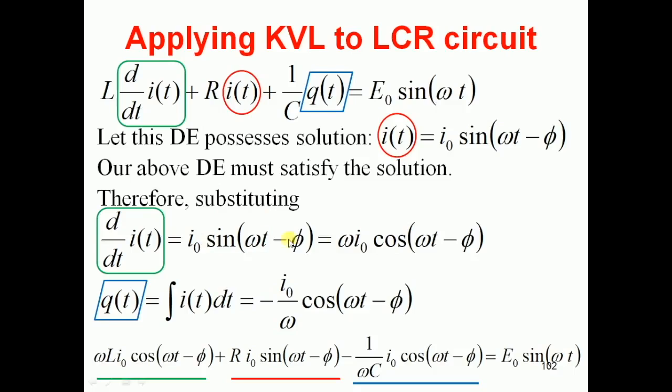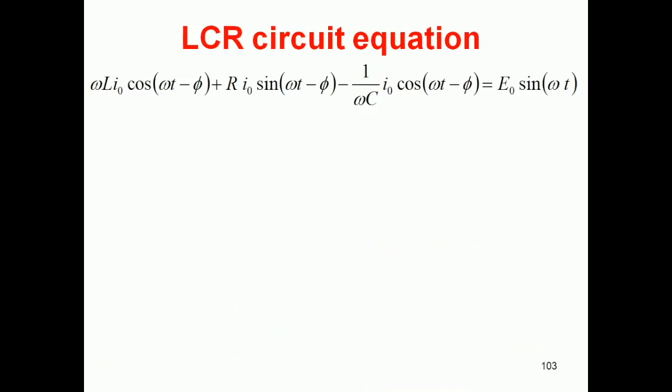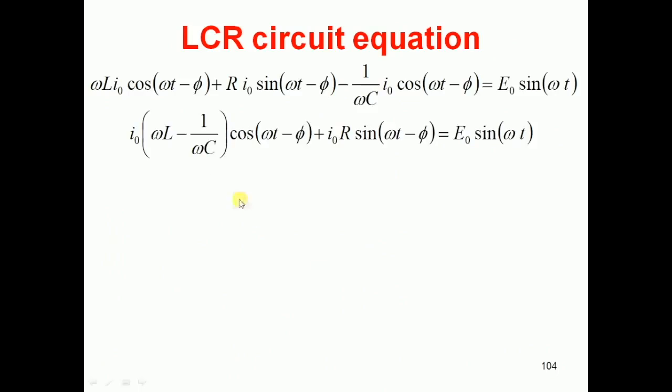So the first time derivative is substituted here. The I of t value as it is being placed here, and the time derivative, which is outcome of the integration, is substituted here, equal to E0 sine omega t. So here E0 means amplitude. In earlier discussion I have considered V0, E0, they have same meaning. Now by substituting that, we have this equation.